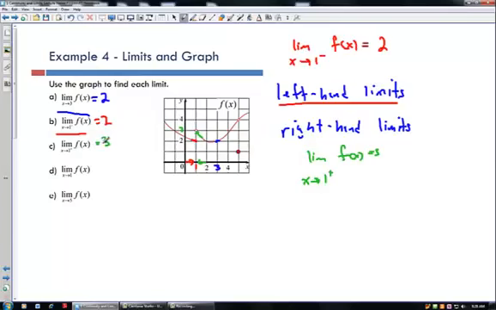The limit from the right is equal to 3. What that means is if you look at the limit as you go to 1, because these are two different values, we say that this limit does not exist. So we usually write DNE for this, which means does not exist.